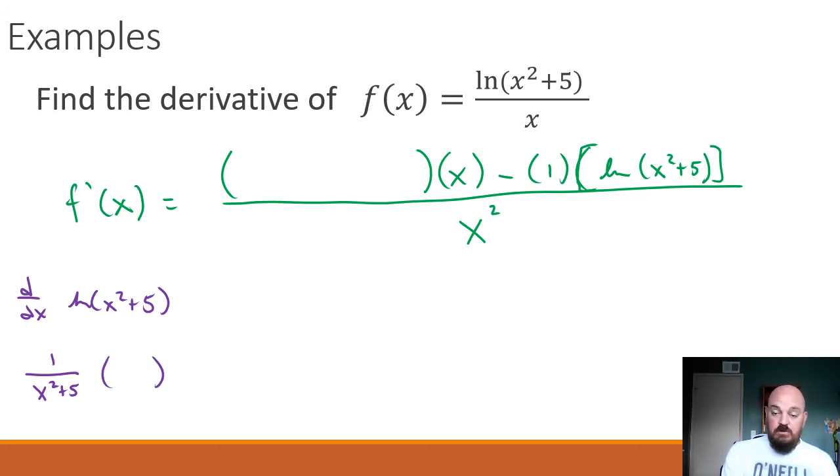I'll multiply by the derivative of x squared plus 5, which is actually just 2x. So what I get, and again, that 2x basically just jumps on top there. So what we get, and I'll put it into the parentheses here now, is 2x over x squared plus 5.